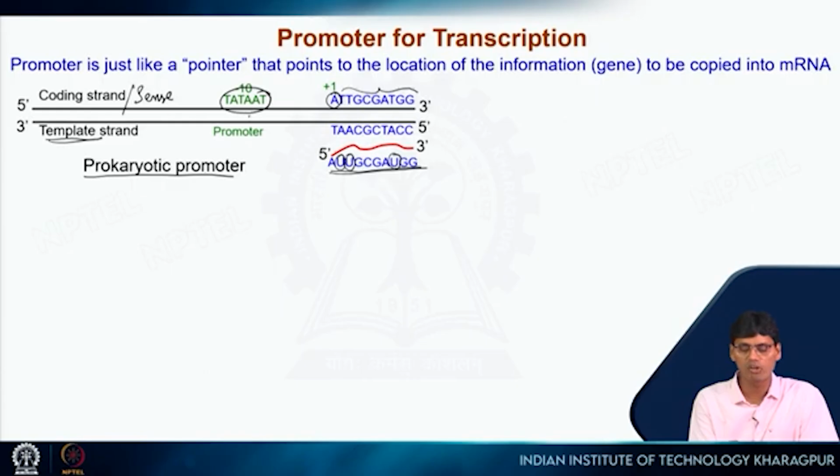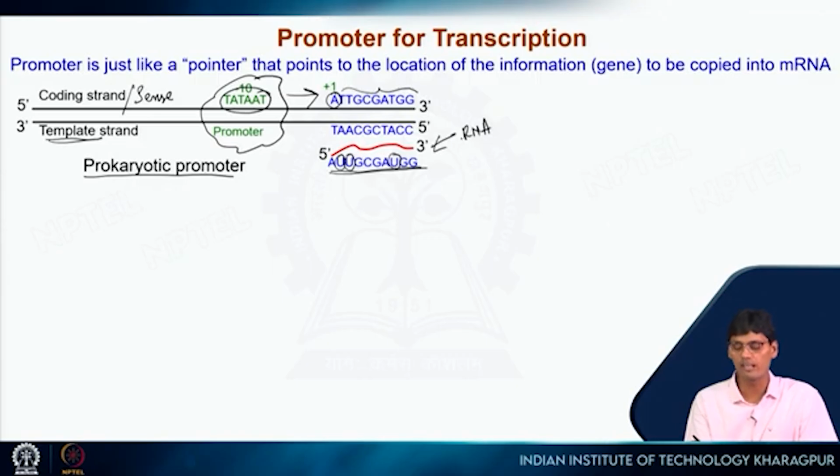This is called TATAAT. This sequence is present in the prokaryotic promoter, and it recruits the RNA polymerase, and therefore the RNA polymerase will come here and then it will go in this direction, and finally we will have our RNA.